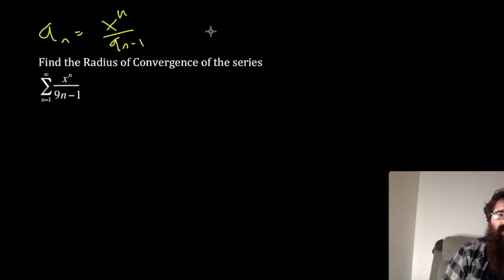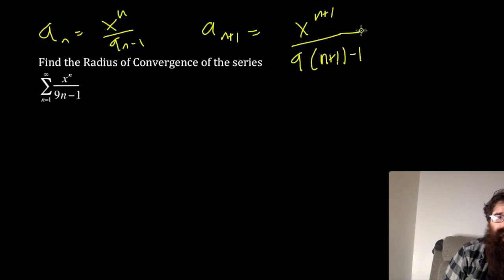If I want to find a sub n plus 1, that means just replacing any mention of n with n plus 1. So x to the n plus 1 over 9 times parentheses n plus 1 minus 1. I could expand this out to clean it up a bit preemptively. We have x to the n plus 1 divided by 9n plus 9 minus 1, so that's plus 8. And this is what I want to work with.